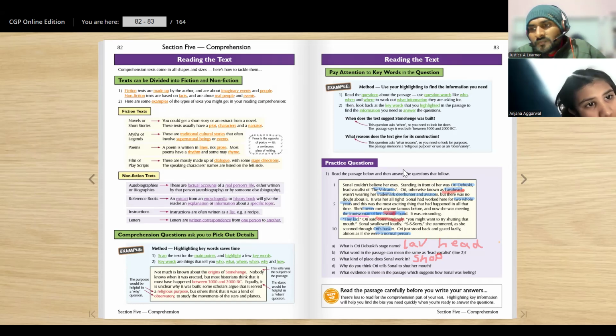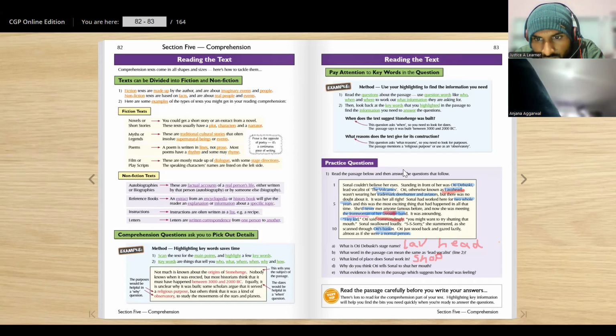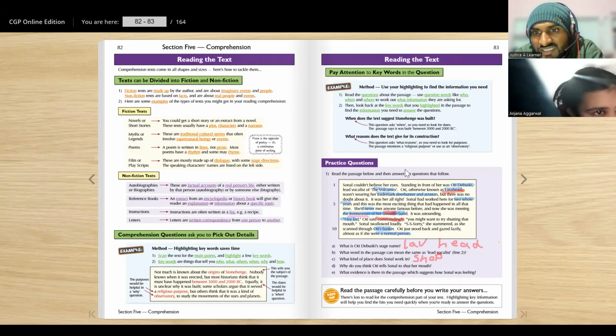And there was a word like gap, gasping. An empty space or a period of time, something which stops. So, what evidence is there in the passage which suggests how Sonal was feeling? So that time she stammered. We see that Sonal swallowed loudly.